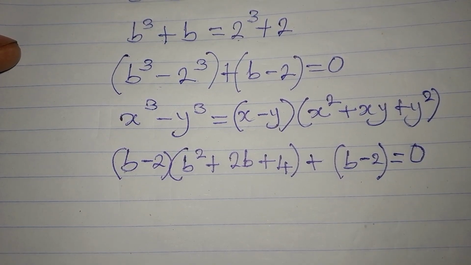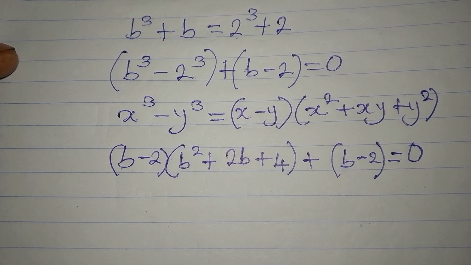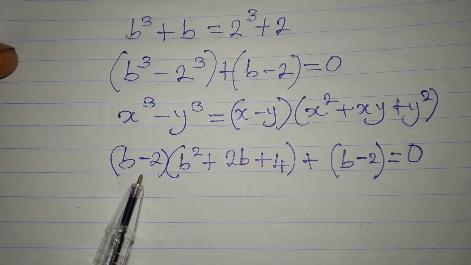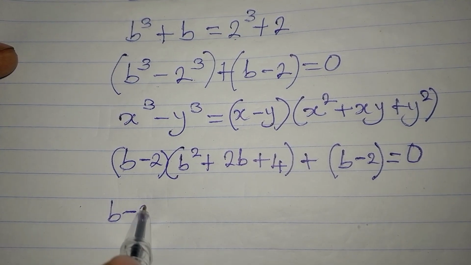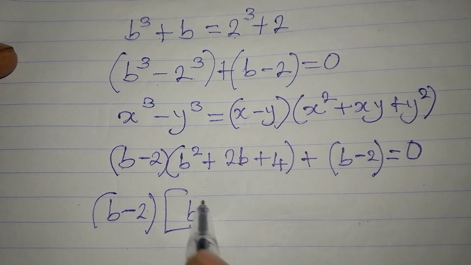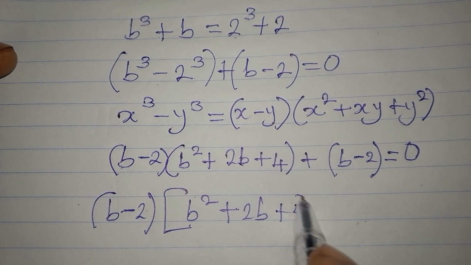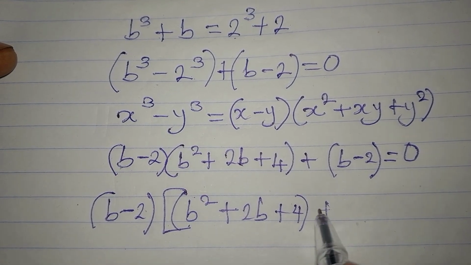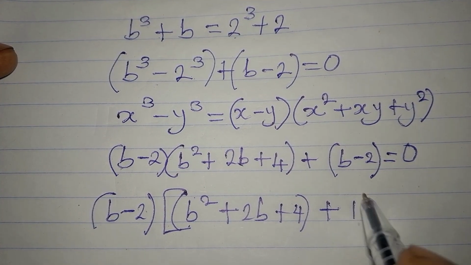So from here, I think we are good, because we can simply say that b minus 2 is a common factor. So b minus 2 will come out. Then we have this in here, which is b squared plus 2b plus 4. Then when you divide the second group by itself, it's going to give you 1.